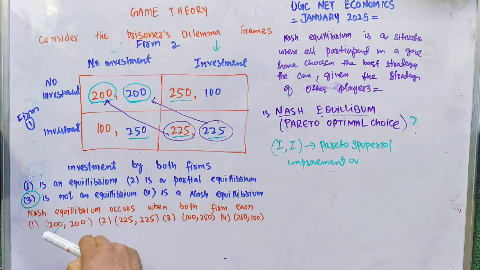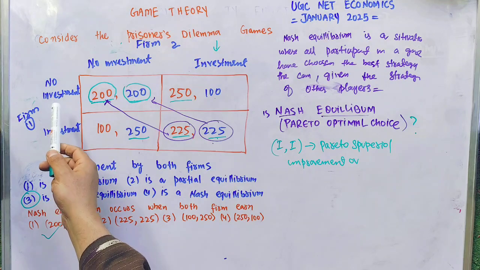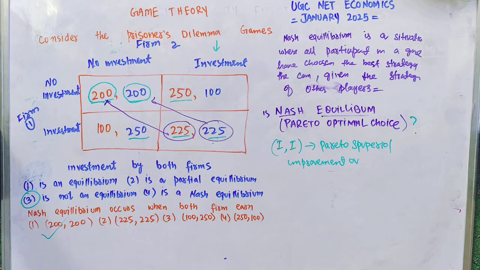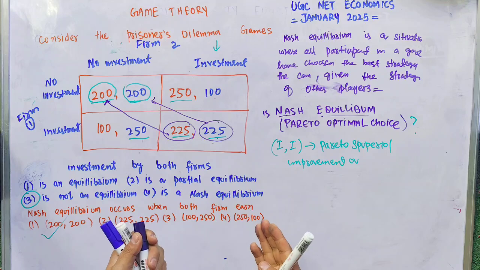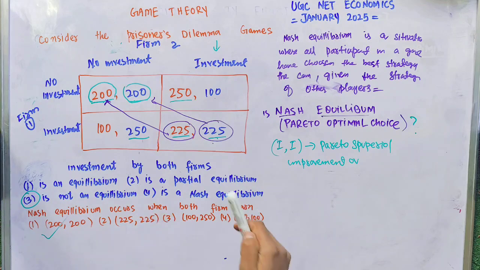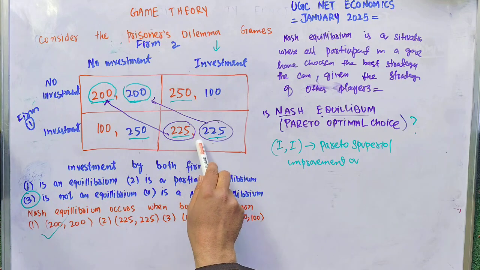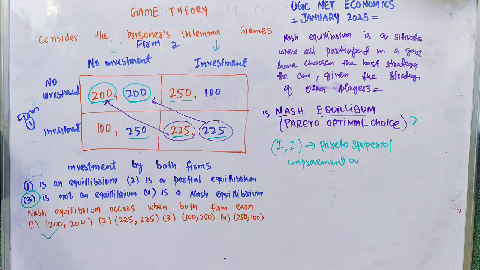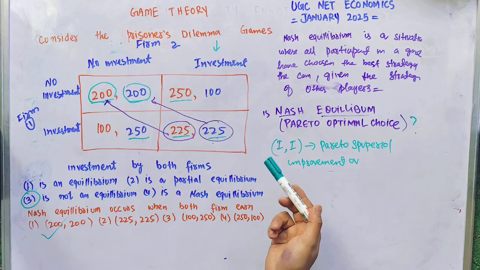That is when both firms choose no investment. It can only be avoided if both the parties come to an agreement that both will invest, then they will get a Pareto superior outcome. So if the government sets safety standards that force both the firms to invest, I guess that makes sense here. That very option was given.